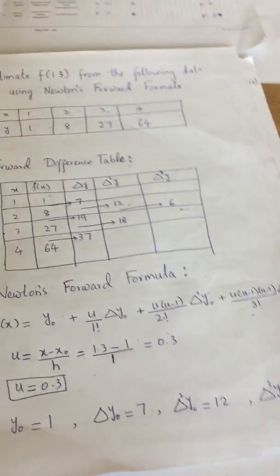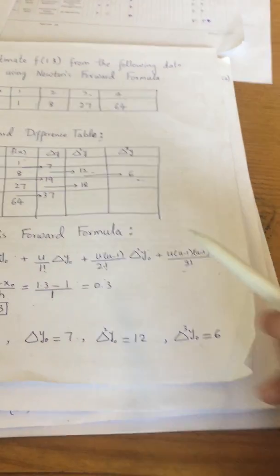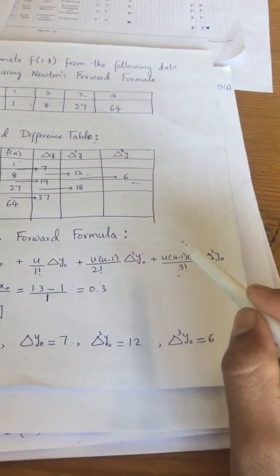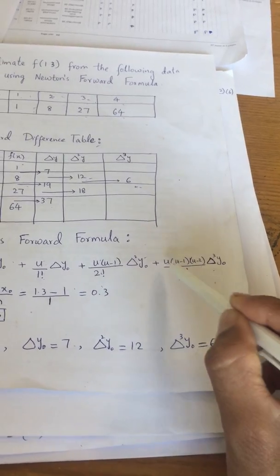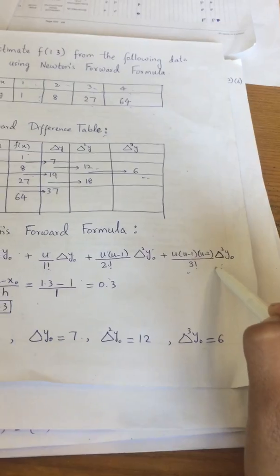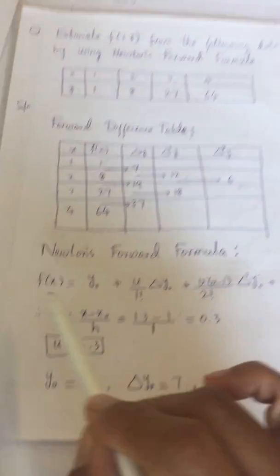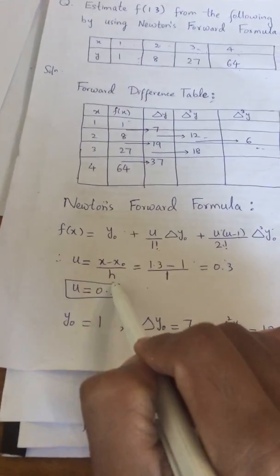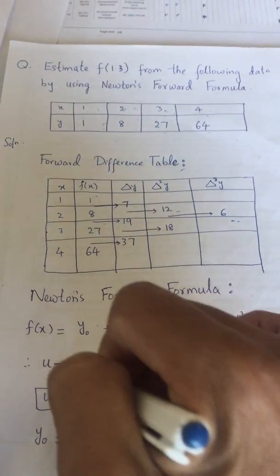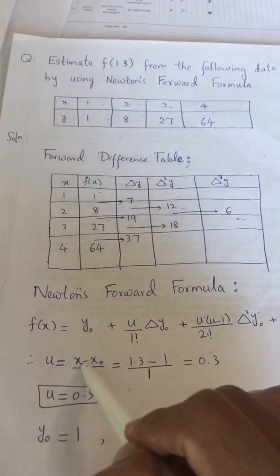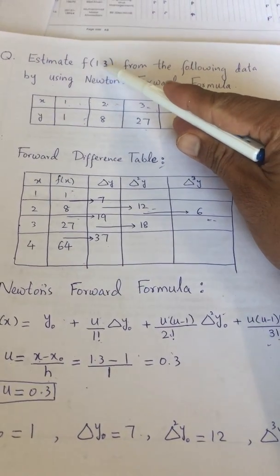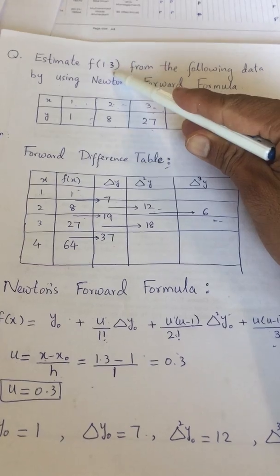And if we had a fourth order difference, but not in this case, we would have u times u minus 1, u minus 2, u minus 3 over 4 factorial. Anyway, u is x minus x naught over h. X is unknown. We have to find the value of y at 1.3.